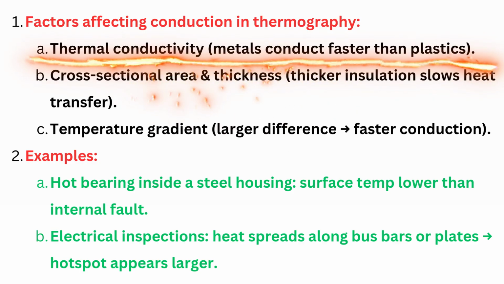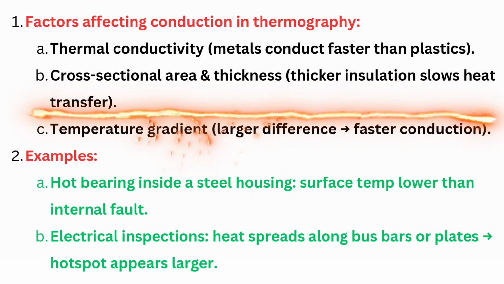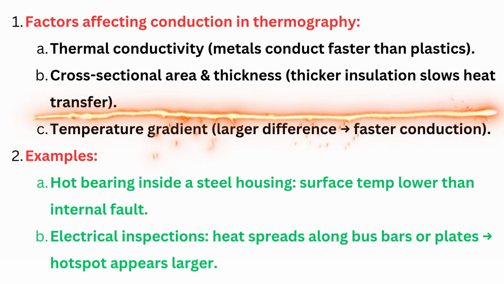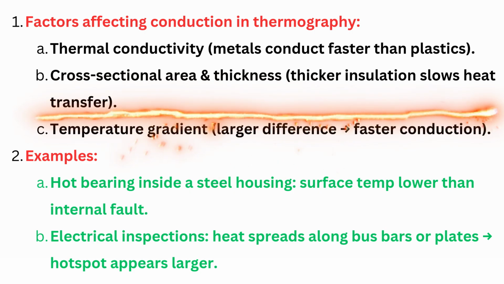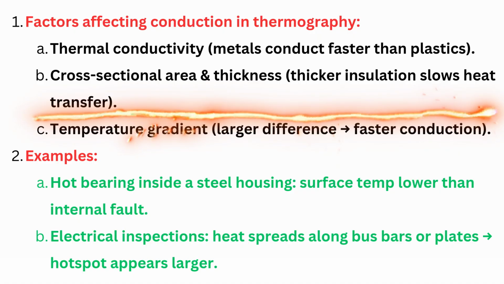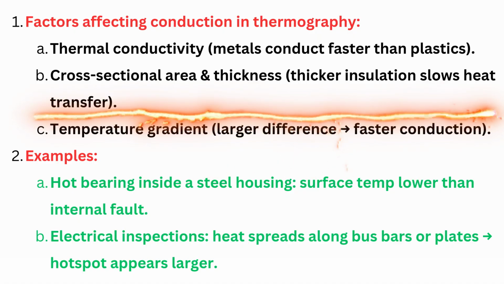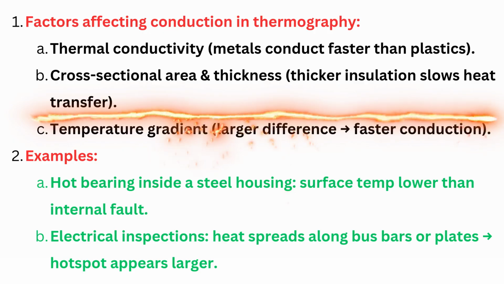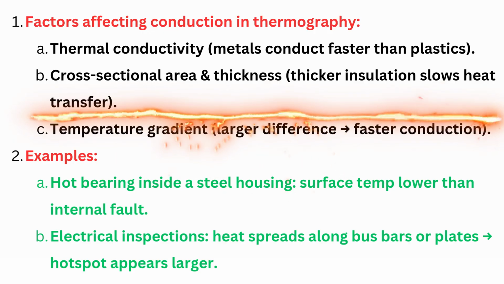The next key factor is the cross-section area, or you can say the thickness or the shape of that object. If there is a thicker or wider object, the heat transfer will be slow. And if there is a thin metal plate, the heat transfer will be very fast.